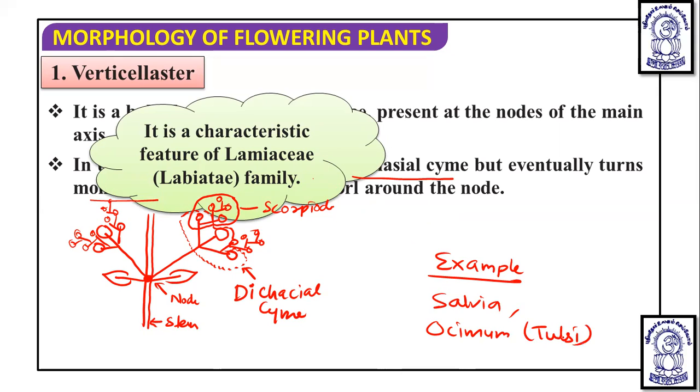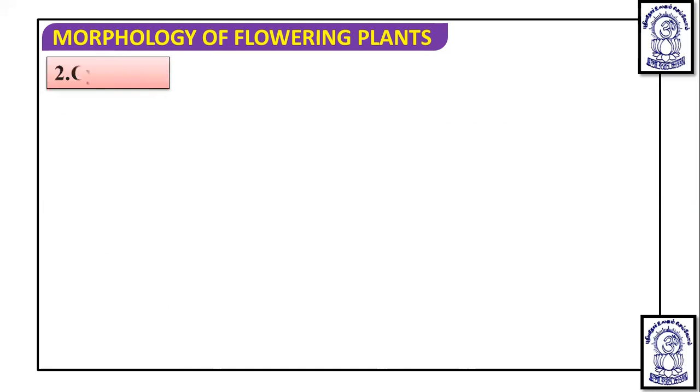Ocimum is nothing but Tulsi. Now, apart from this, the next special type of inflorescence which we are going to study is Cyathium.